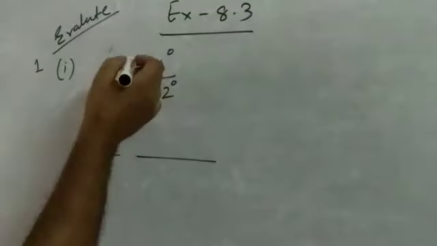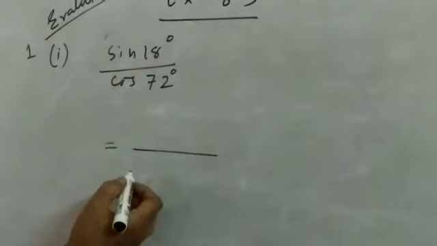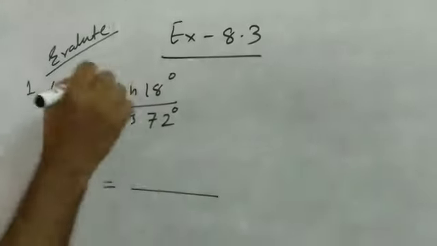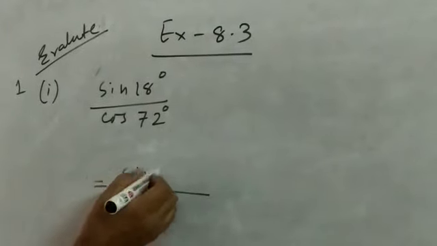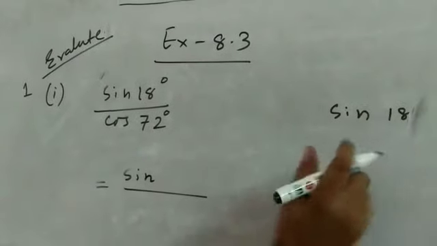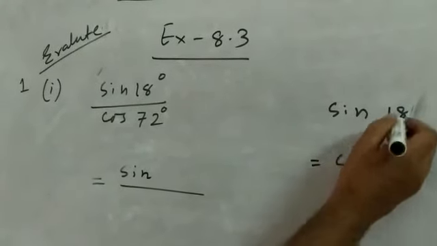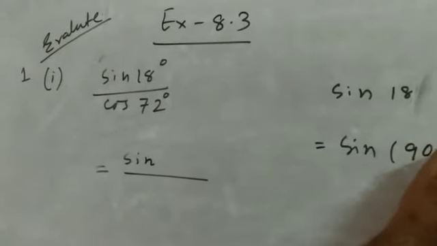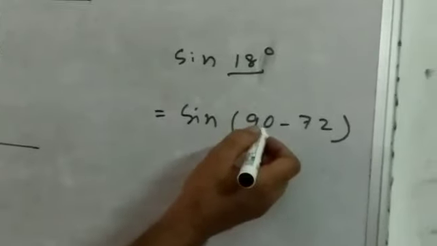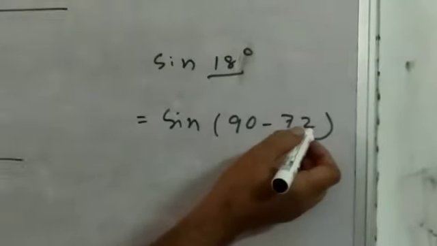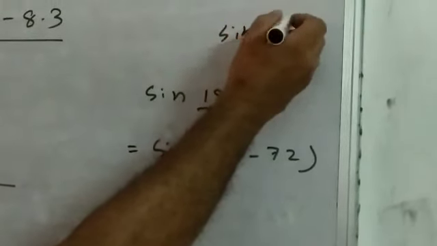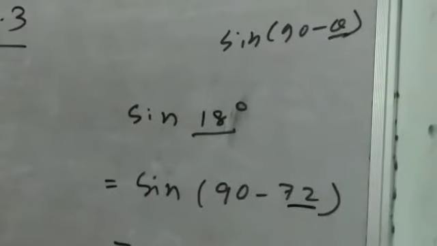Here 2 terms are there, divided. If 2 terms are given, then 1 term we will change. See, I am showing sin 18 degree is given. Then we can express 18 degree as 90 minus 72. Then we compare it with sin of 90 minus theta, where theta is 72.